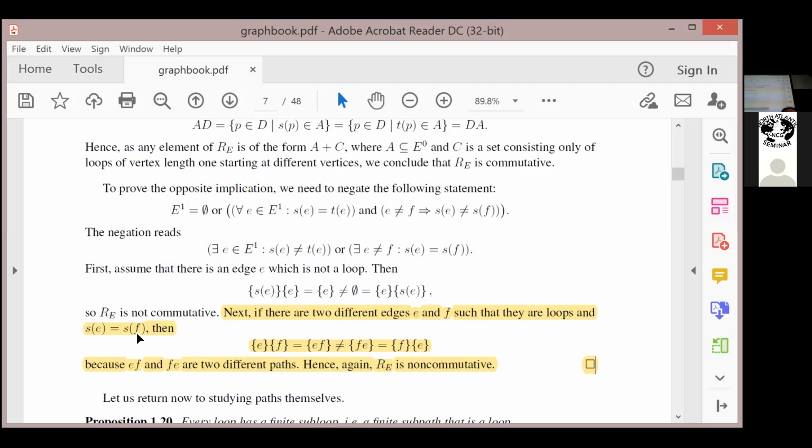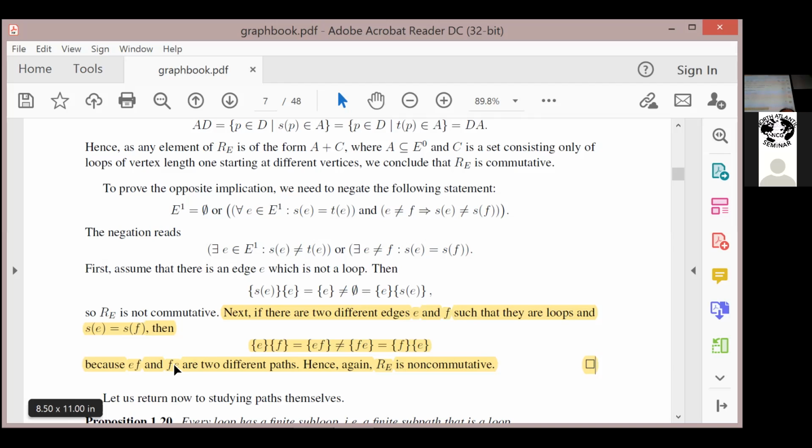But then if I multiply the set consisting of just one element E with a set consisting of just one element F, of course I can concatenate them because they are loops that begin and end at the same vertex. So I have a path EF, but this is not the same as a path FE, because EF and FE are different paths, because E and F are different edges.